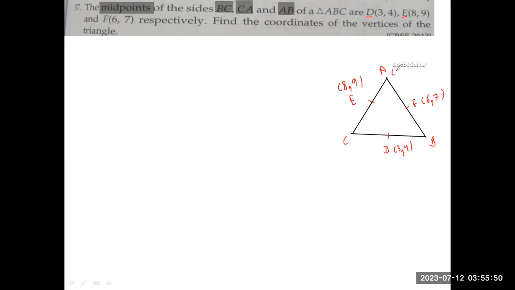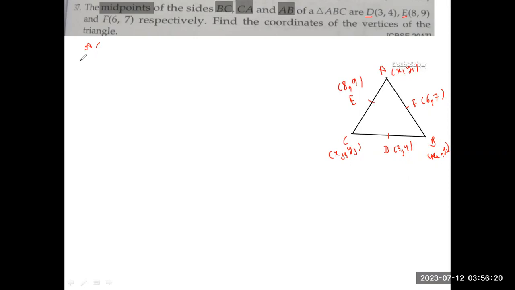Let's just imagine x1, y1 is for A, x2, y2 is for B, x3, y3 is for C. So we know that from the midpoint formula, if I apply it for AC, then coordinates of E are nothing but the sum of x1 plus x3 divided by 2.